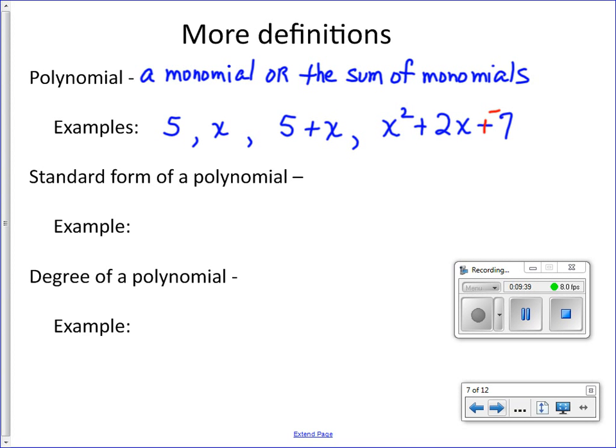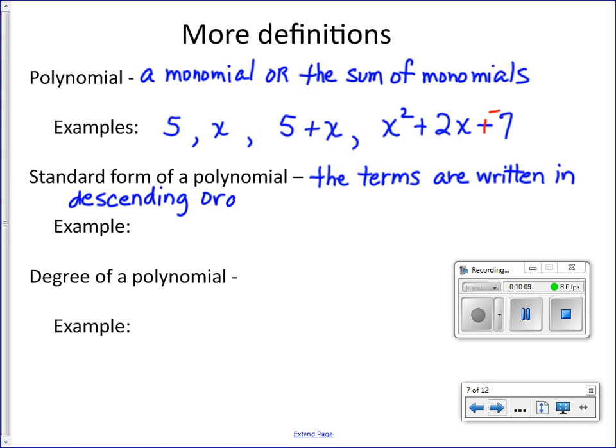All right, our next term is standard form of a polynomial. A standard form of a polynomial is the terms are written in descending order according to degree, the degree of each term.